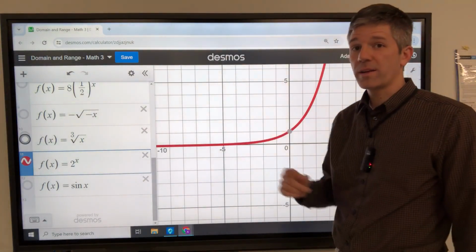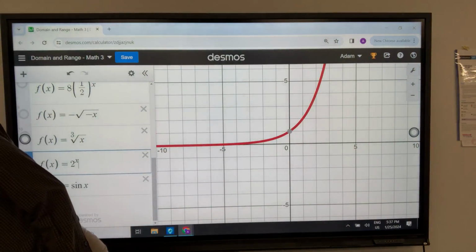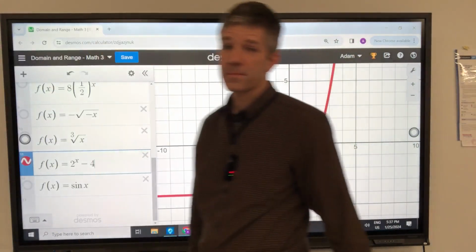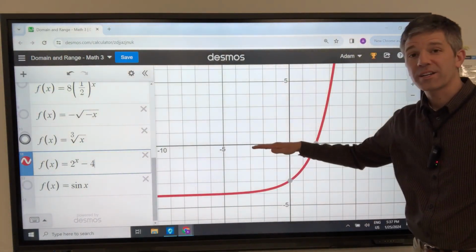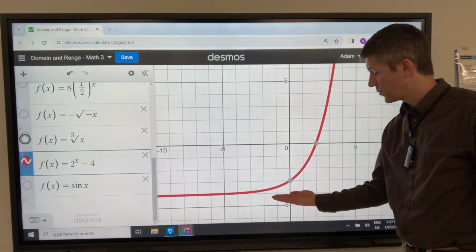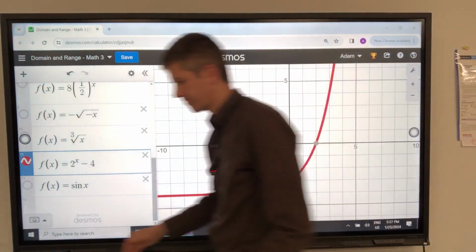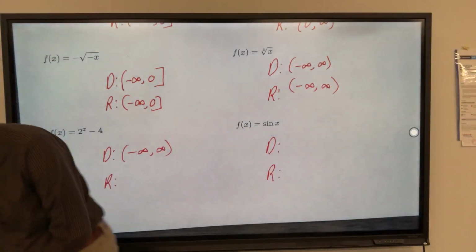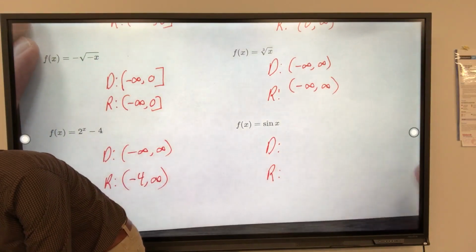But that wasn't the problem. This was the problem. So instead of from 0 to infinity, this whole thing got shifted down 4. So the range is from -4, again, not including -4, to infinity. -4 to infinity.